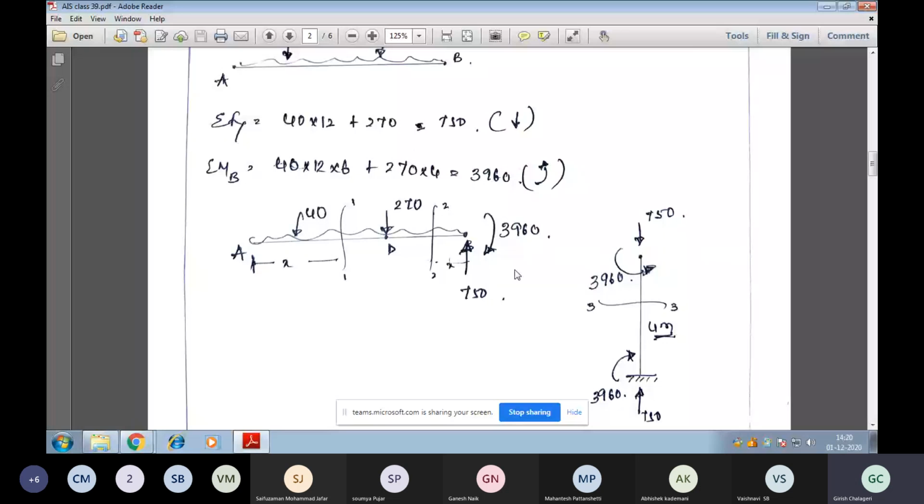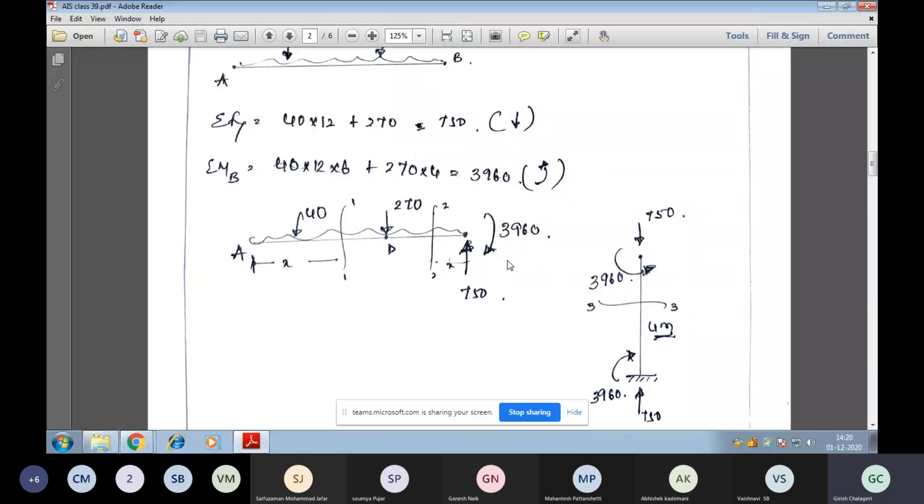In the same fashion, we split the members when we draw the free body diagram for each individual one. Here are the calculated moment and forces we got at the B joint. The same in the opposite direction will be there at the B joint when we consider member BC. So when we consider BC, 750 was upward, 750 will be downward, so that the beam will be stable.